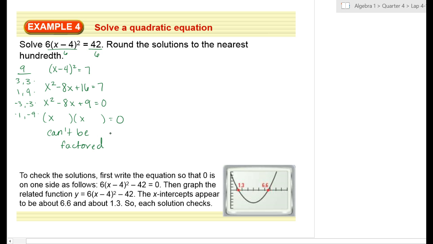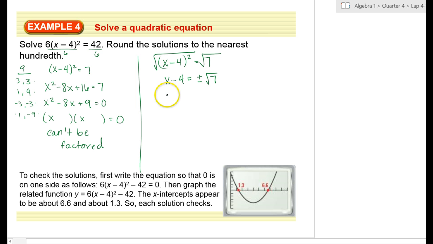But you can still find it by hand. So, I'm going to jump to where I had divided by 6. X minus 4 squared equals 7. Well, I can take the square root to get rid of the square. Then I'll have x minus 4 equals plus and minus square root of 7. Do not forget the plus and minus here, otherwise this will throw you off.